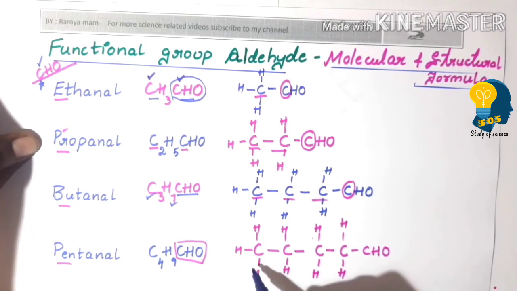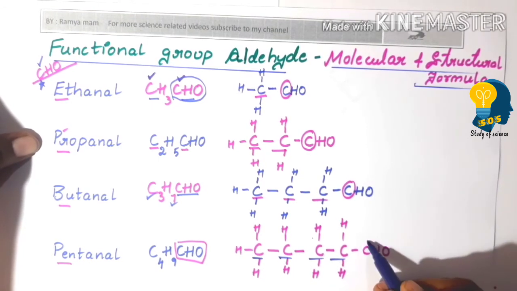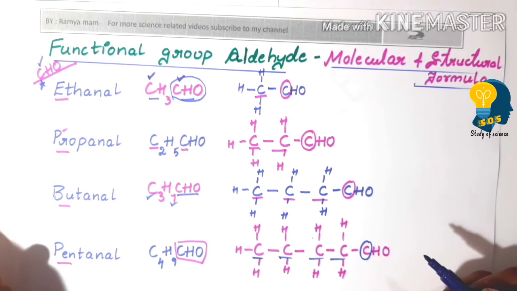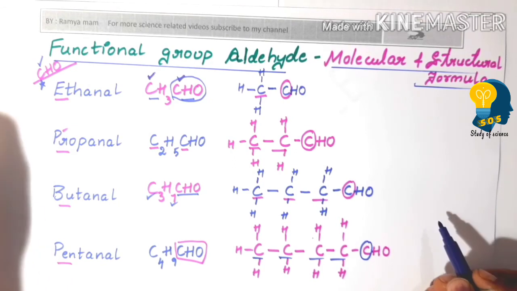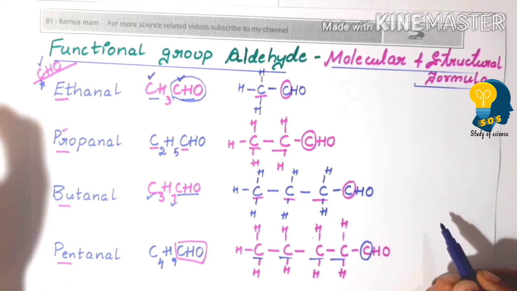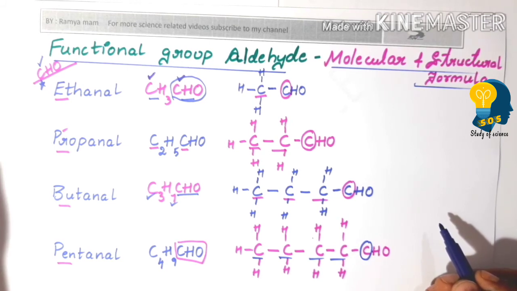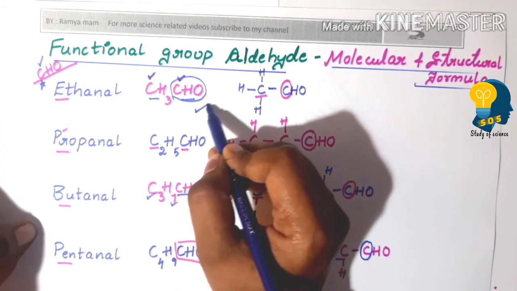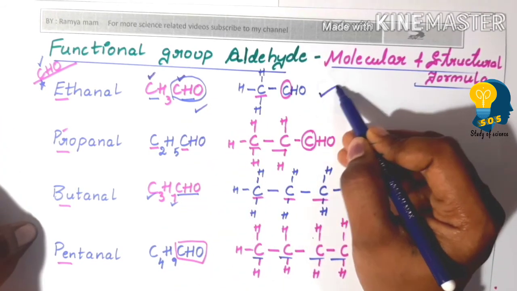Pent means 5. Out of 5, 4 are in the longest chain, 1, 2, 3, 4, and the 5th one is in the functional group. At the beginning I told you that if there is a carbon in the functional group, we have to take that carbon also as count, whenever we are writing the molecular formula or the structural formula.